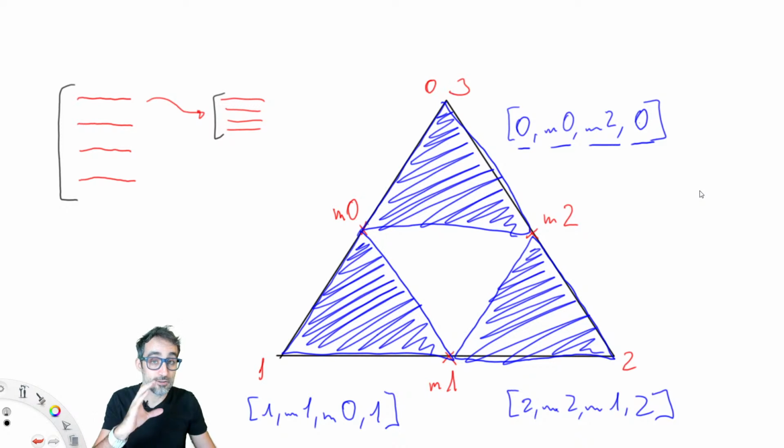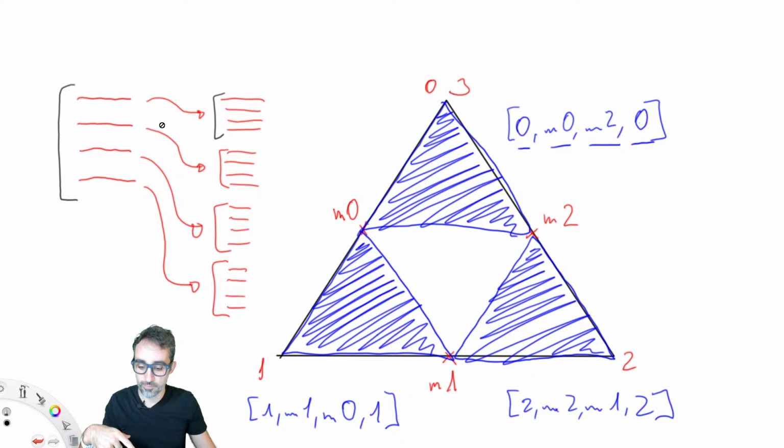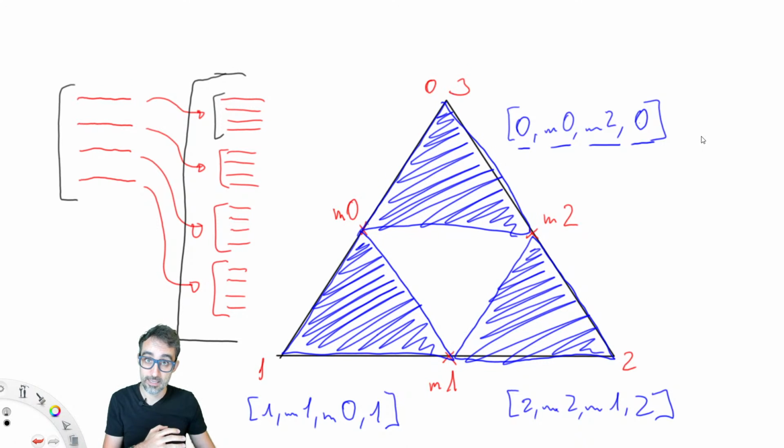I can store that somewhere, but then on top of that, I can take the second polyline of the first list and generate all these subdivisions, and then the third one, and the fourth one. And if I stack them all together, I can generate a second list, which is basically all of these subdivisions all together, one after the other.